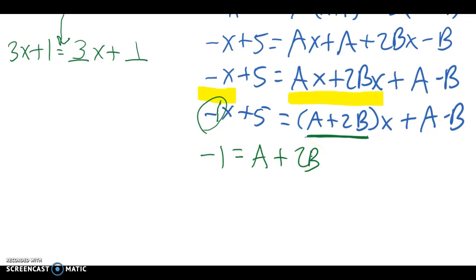And then same with the numbers. Let's use red again. Doesn't this 5 right here have to be equal to all this that represents a number? And then I have a system of equations to solve. This is my system. So all that was just to get to a system.